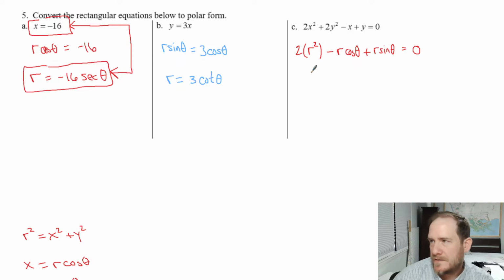I'm going to say factor out an r. Sure. So factoring out an r, you'd have 2r minus cosine plus sine.